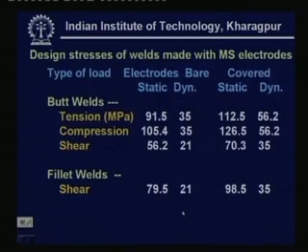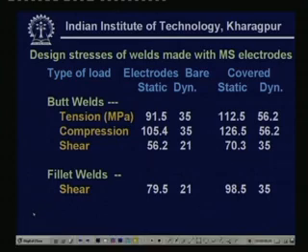Let us look at the design stresses of weld made with mild steel electrode. Here the strength, because the analysis is very difficult for welded joints, we make a lot of experiments, and with the help of those experiments we measure the strength of welded joints.